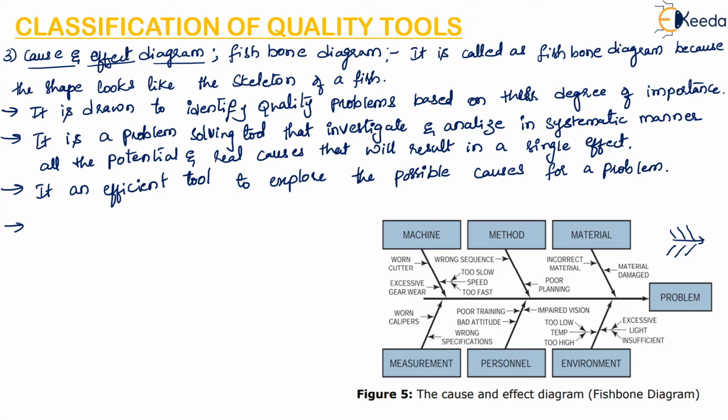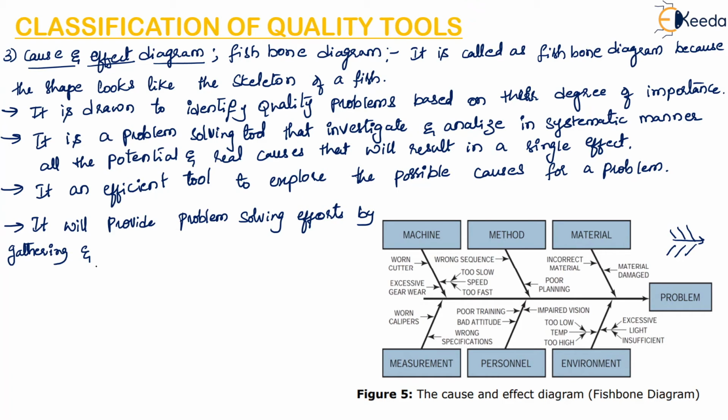This diagram will support problem solving efforts by gathering and organizing the possible causes, reaching a common understanding of the problem, exposing gaps in existing knowledge, ranking the most probable causes, and studying each cause. It will gather and organize the possible causes for the problem.